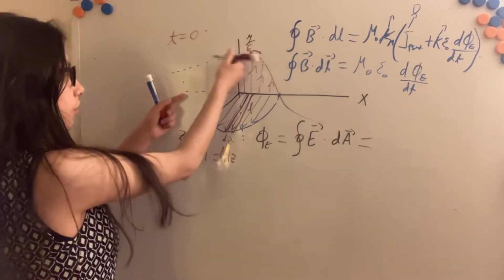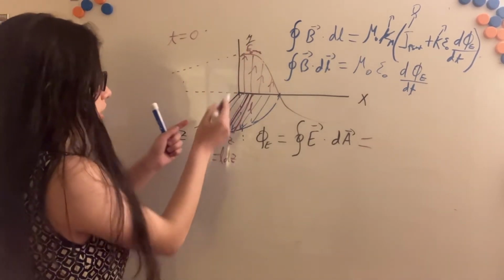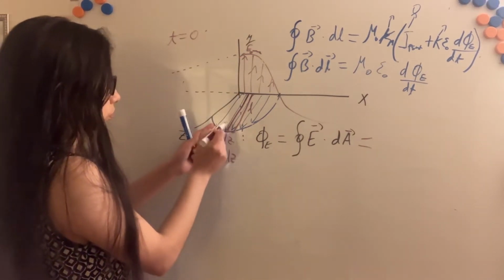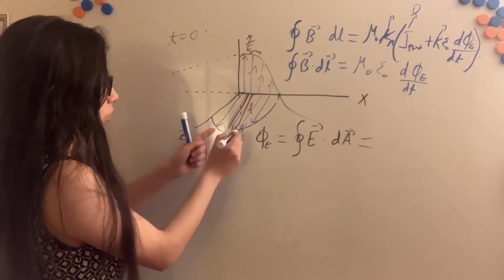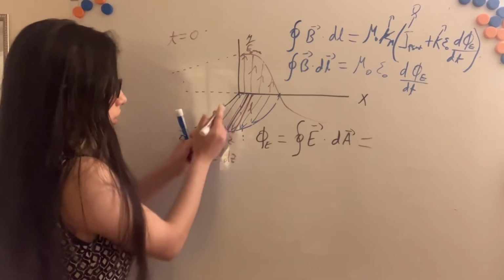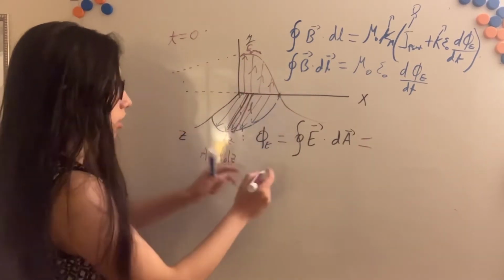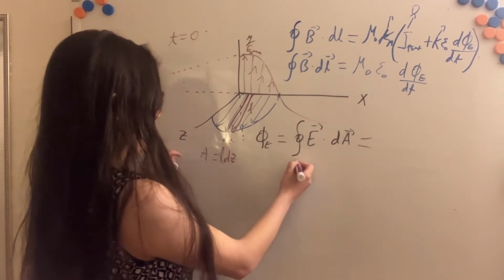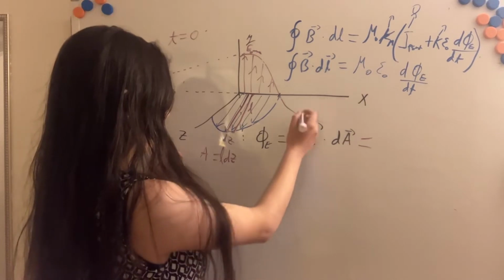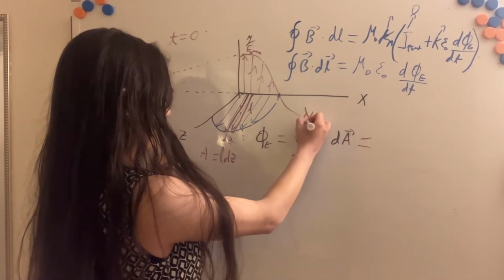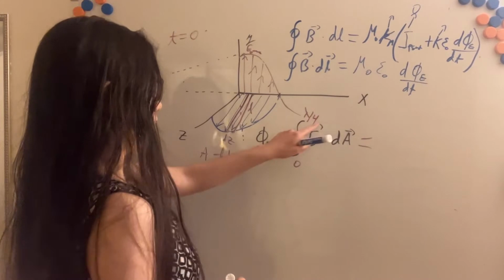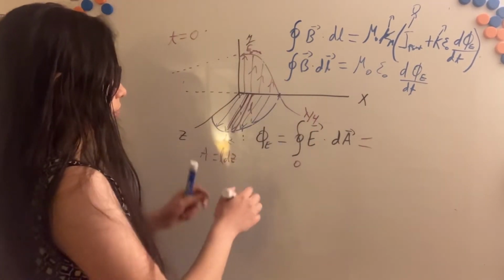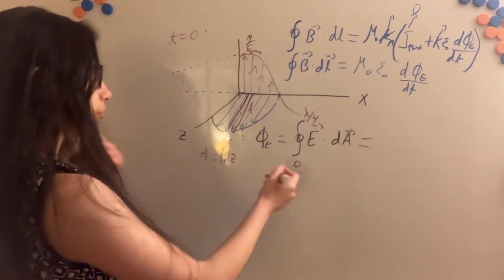But we need to integrate from here to here. We don't want only in this z, we want in all this part, let's say from z equals 0 to lambda over 4, because this is a quarter of the wavelength.